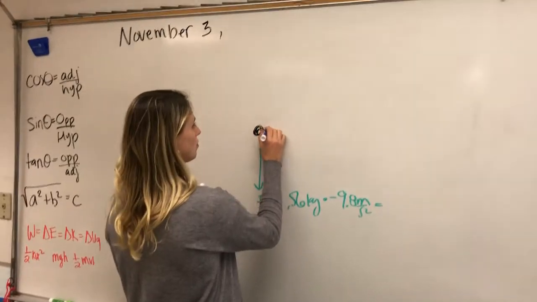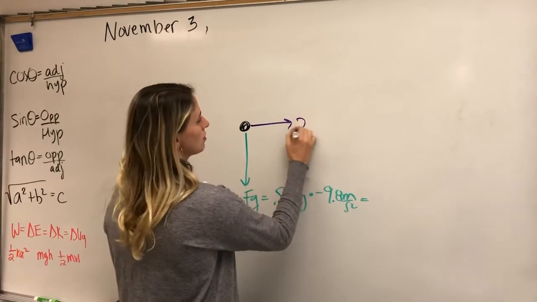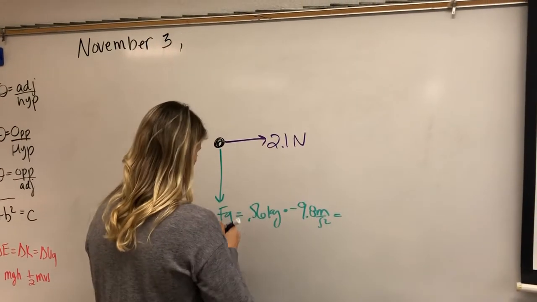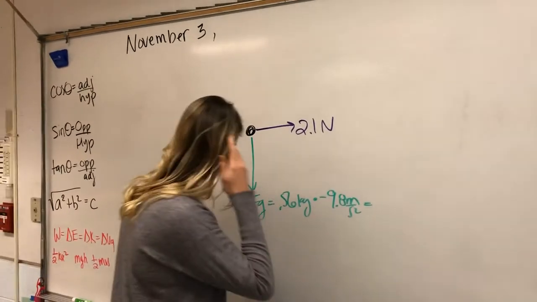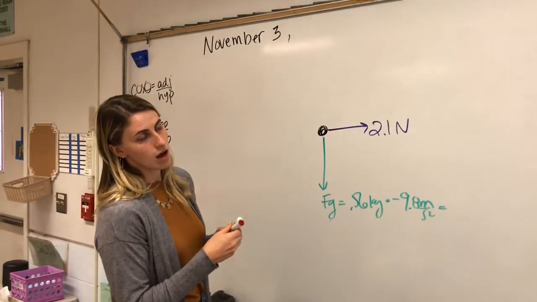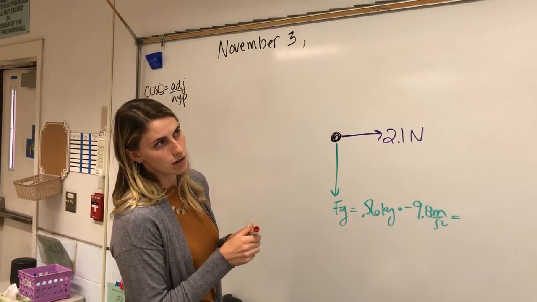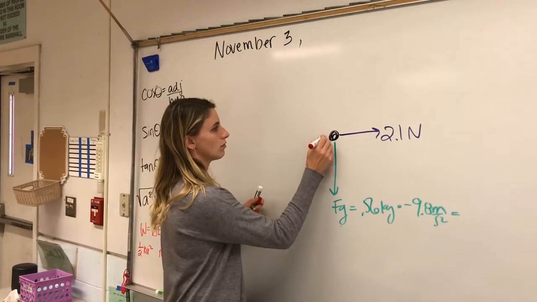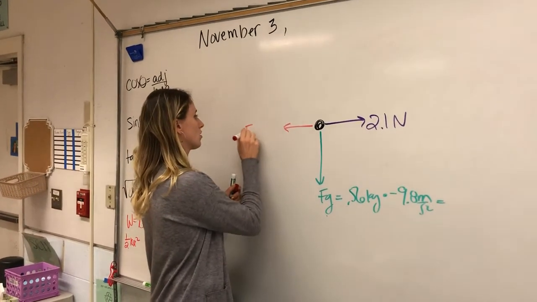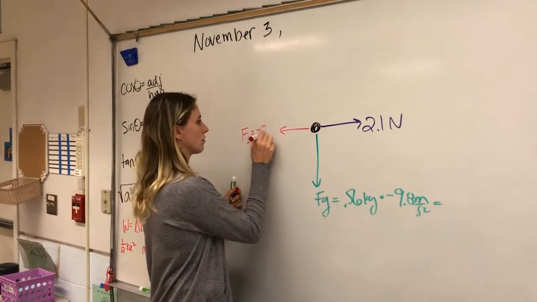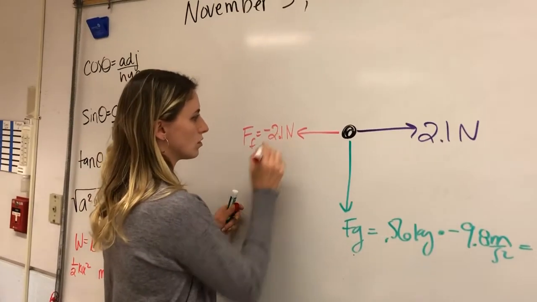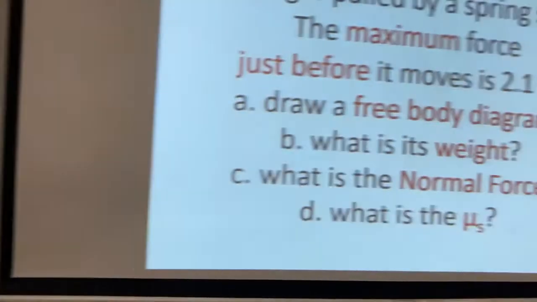So just before it moves was 2.1 newtons? You got to know that before you can know the force of gravity. And then the force of friction is negative 2.1 newtons.